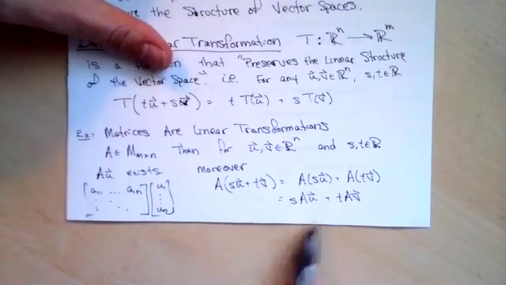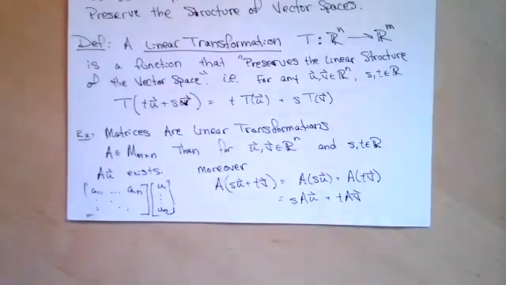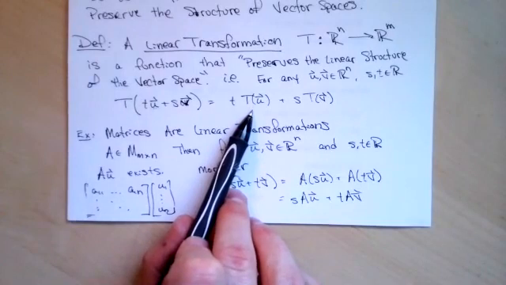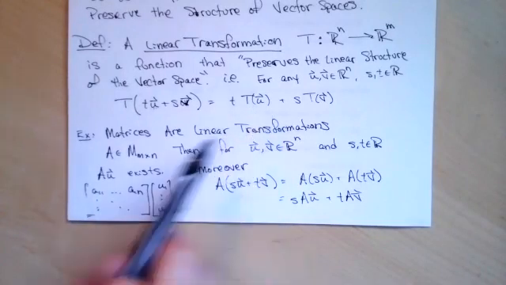And so matrix multiplication gives us this exact property that we were looking for with linear transformations.